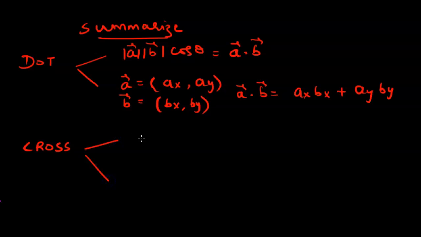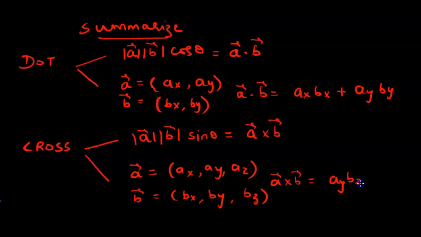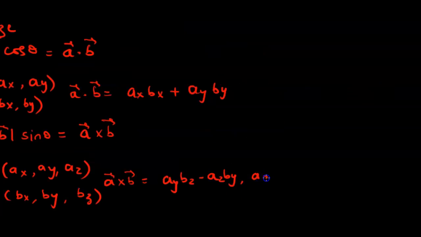For finding the cross product, if we're given the magnitude form, we just multiply A and B vector magnitudes with the sine theta, where theta is the angle between A and B, and that would give us the cross product of A and B. Another way is if we are given vector A with AX, AY and AZ coordinates and vector B with BX, BY and BZ coordinates, then the cross product is going to be equal to AYBZ minus AZBY, comma AZBX minus AXBZ, comma AXBY minus AYBX.